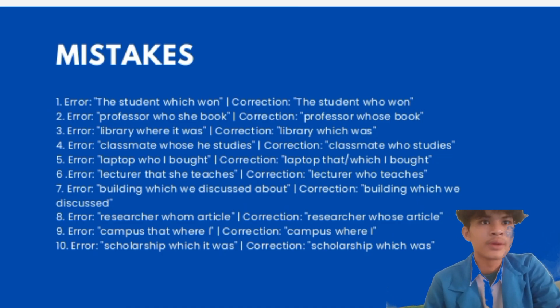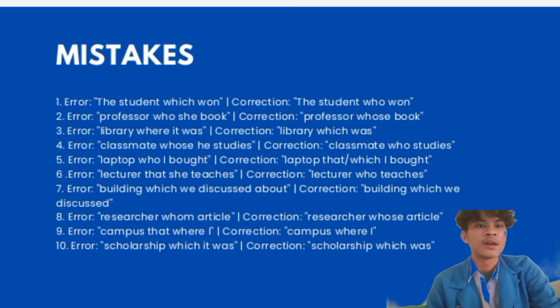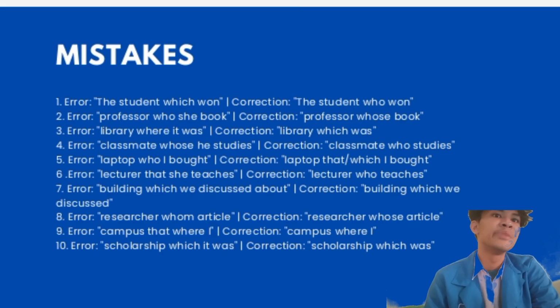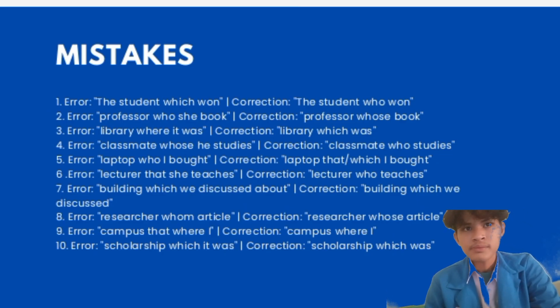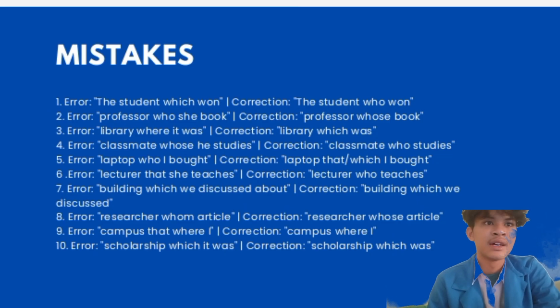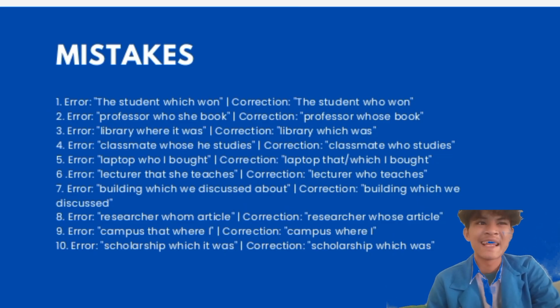Professor which book is wrong, because the correction is professor whose book. It's defining who has the object. The third, library where it was. The correction, library which was. Number 4, classmate whose he studies, and then the correction, the classmate who studies.